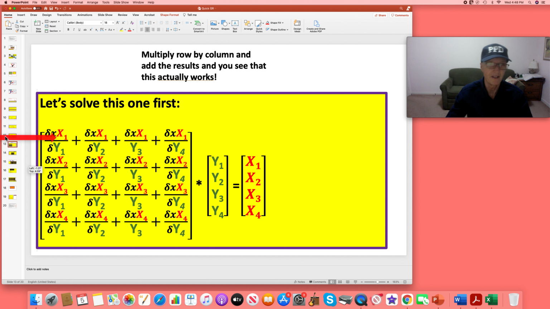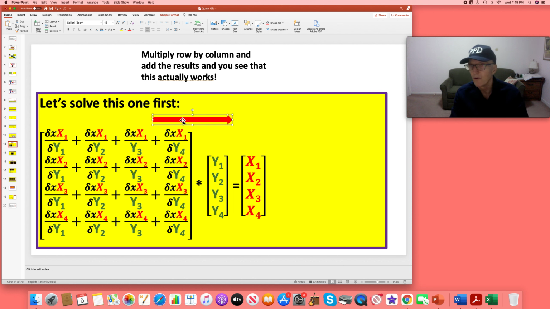It's a differential, but it just means the rate of change of x1 with the change in y1, then the rate of change of x1 with y2, and the rate of change of x1 with y3, plus the rate of change of x1 with respect to the change in y4.